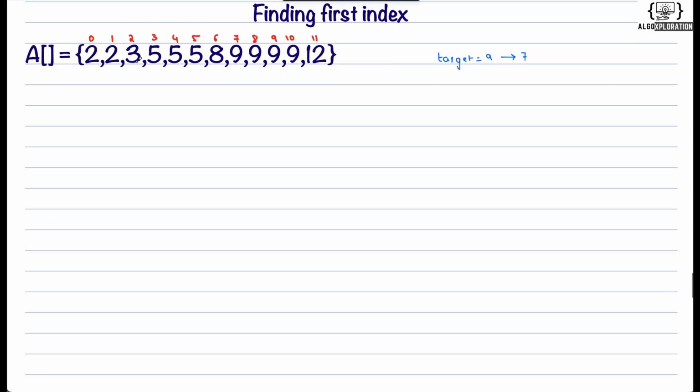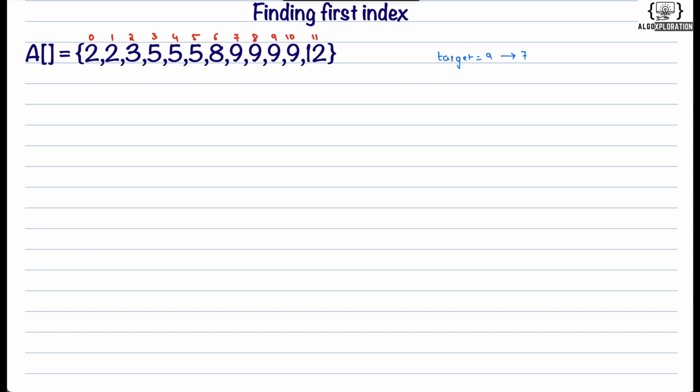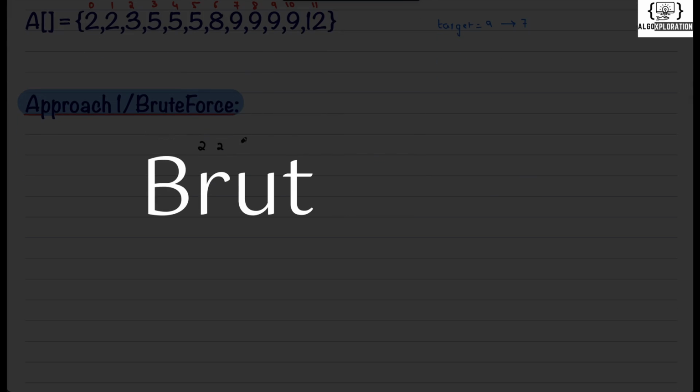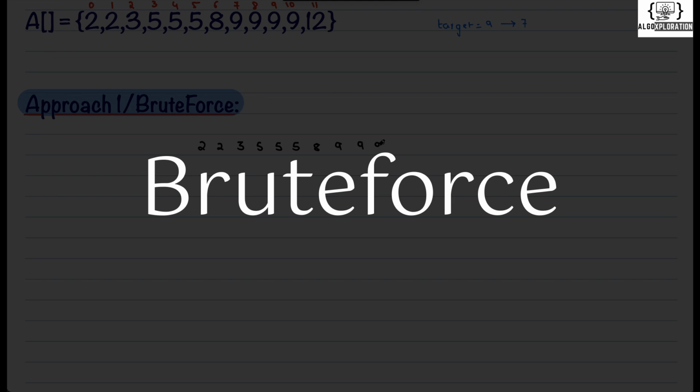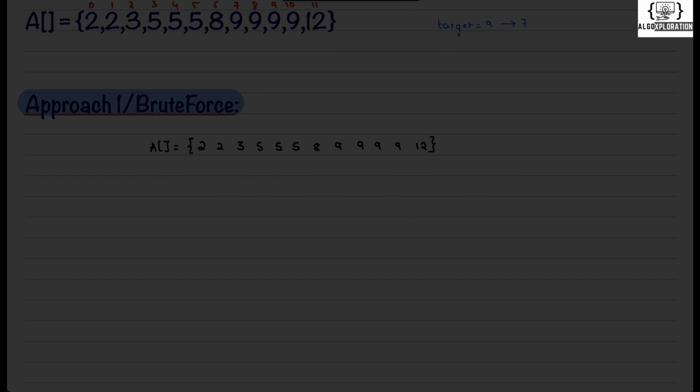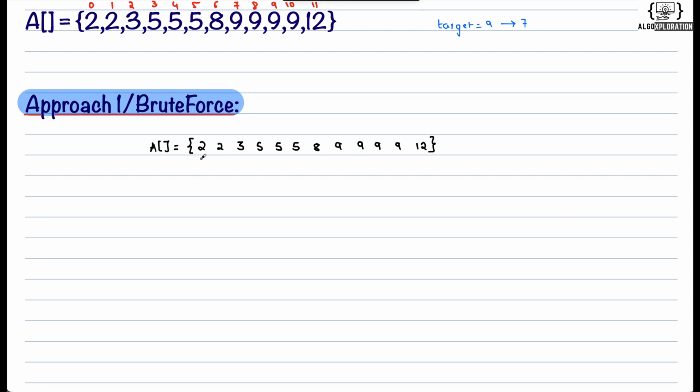Now the first and foremost approach is that we can just apply a linear search, in which we want to find an element. Since we are starting from the 0th index, obviously we will get the first occurrence of that element, so we can simply return that index.